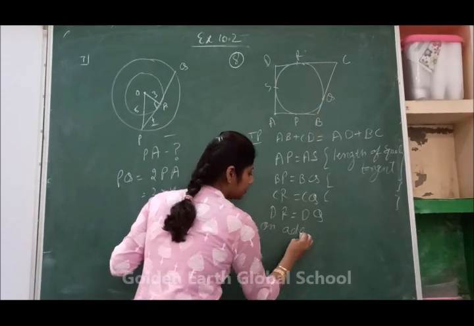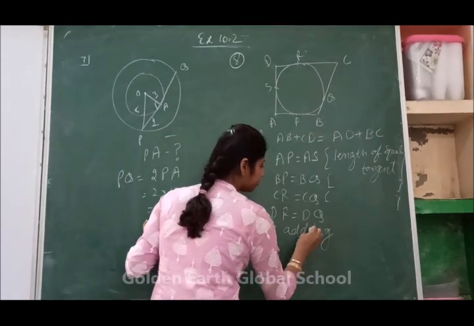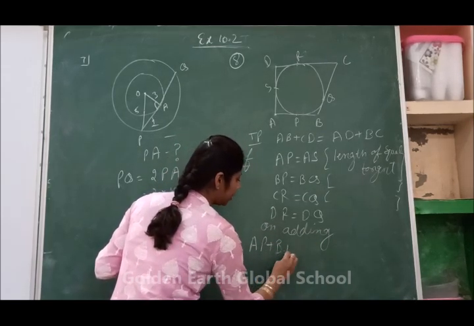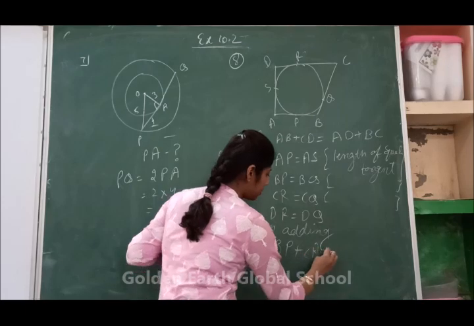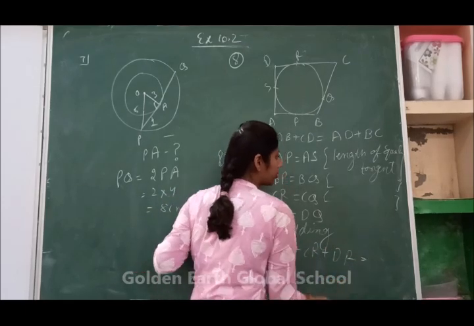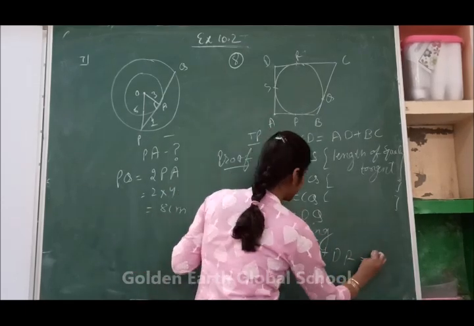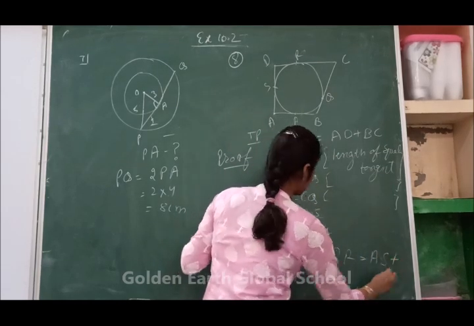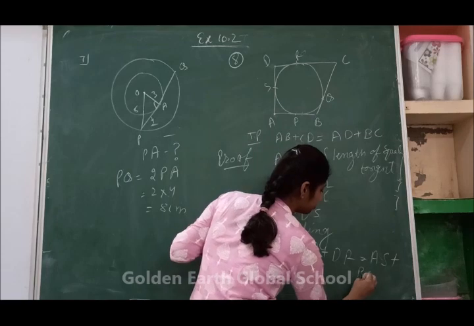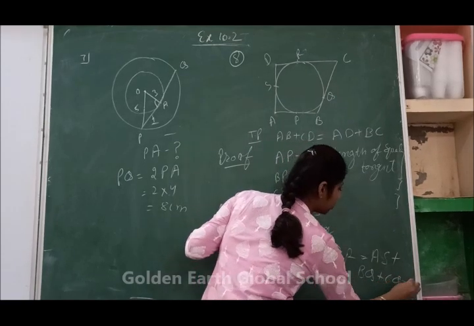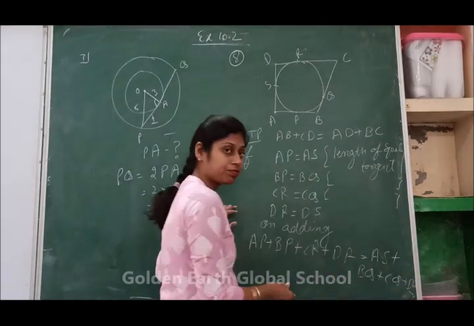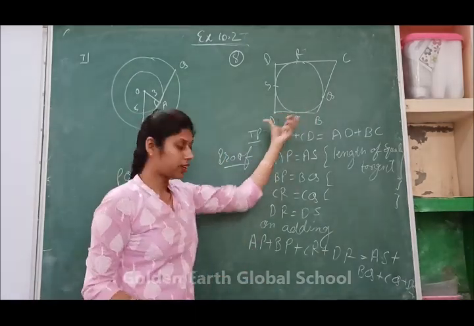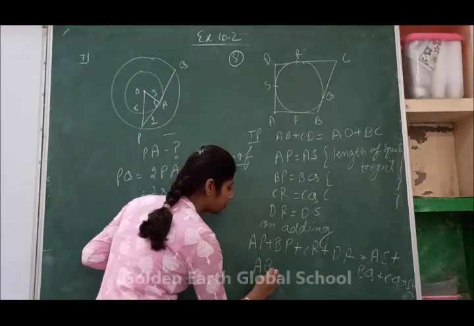On adding, what you will get? AP plus BP plus CR plus DR is equal to, what will be the right hand side? AS plus BQ plus CQ plus DS. If we add AP and BP, we get complete side AB.